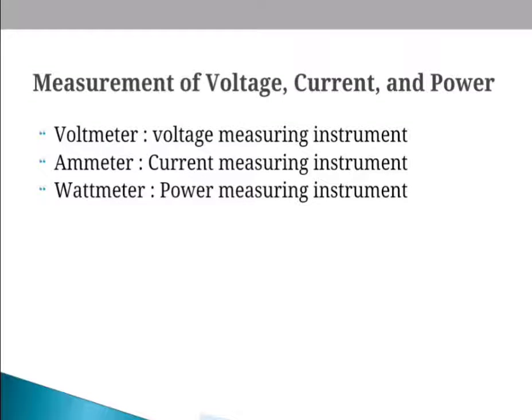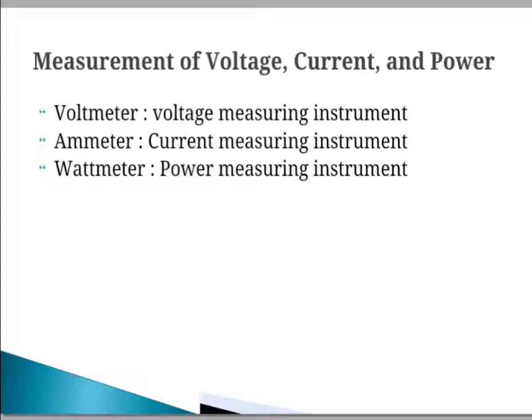The main principle of the ammeter is that it must have very low resistance and also low inductive reactance, and we have to connect the ammeter in series with the load. For the construction of an ammeter, we use different types of instruments: moving coil, moving magnet, electrodynamometer or electrodynamic effect, and moving iron instruments.